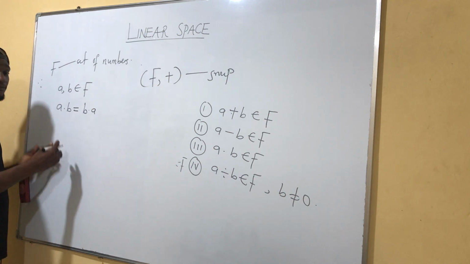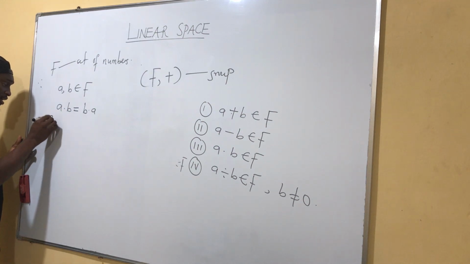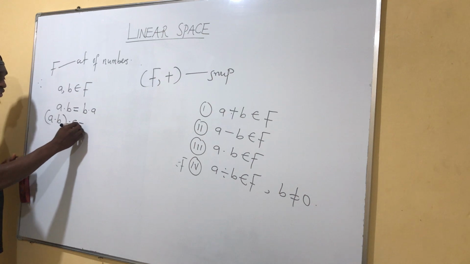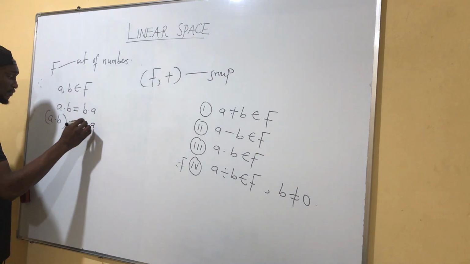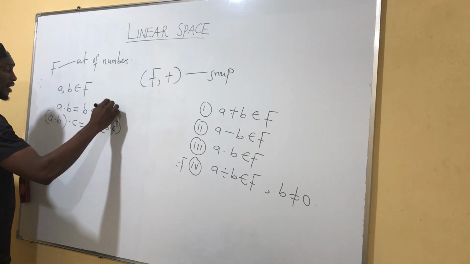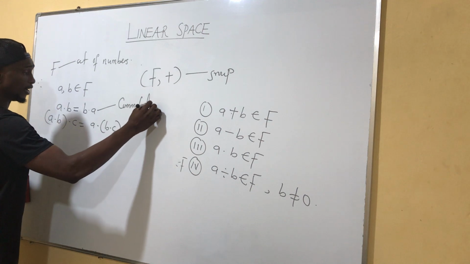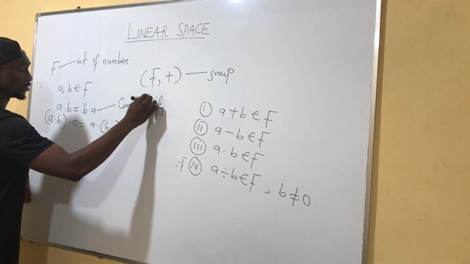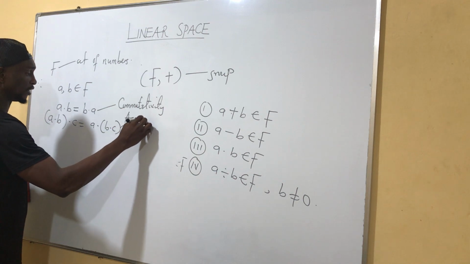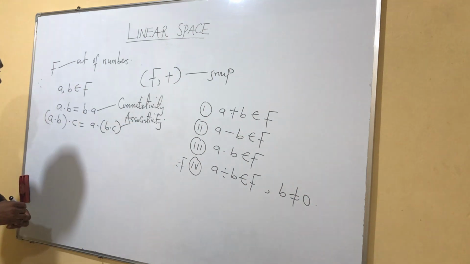And also if there exist three elements, now let's say a, b and c, the product is still the same if it is multiplied the other way around. So we talked about commutativity with respect to the multiplicative operation, and we talked about associativity with respect to the multiplicative operation.